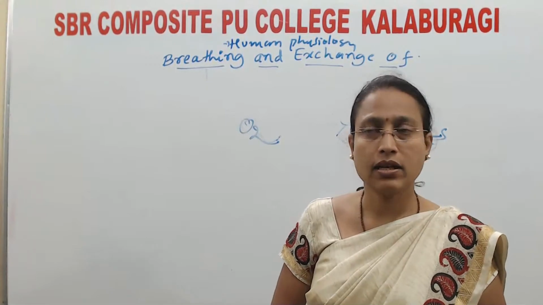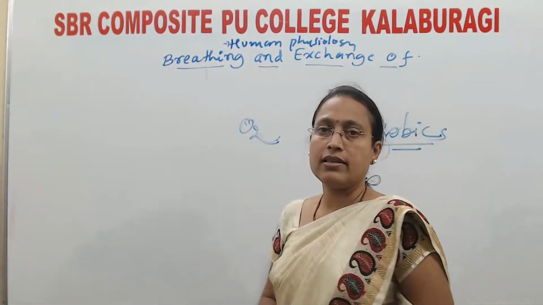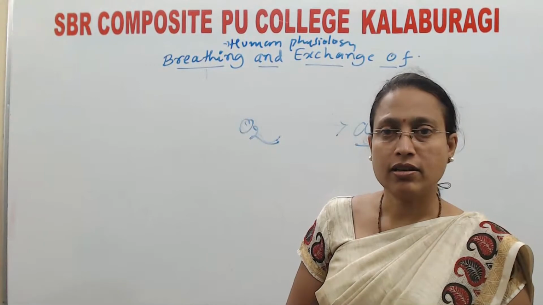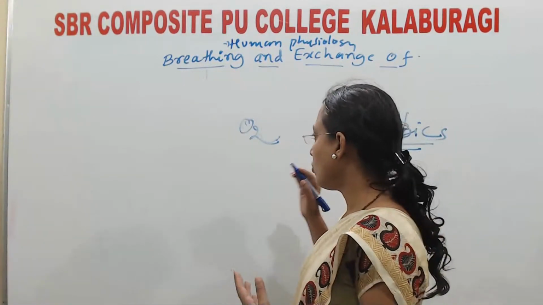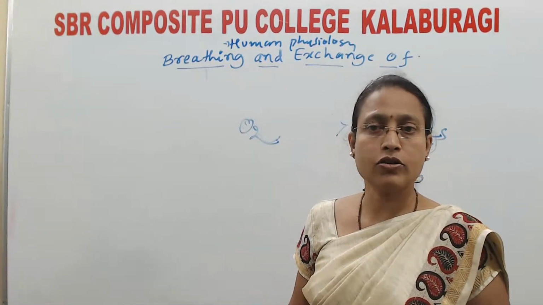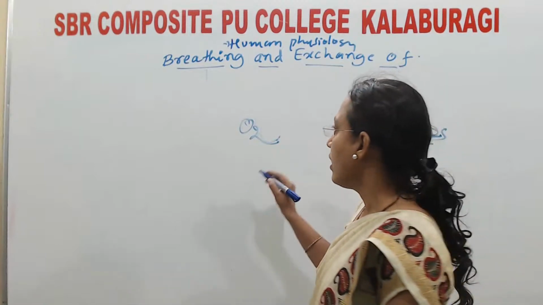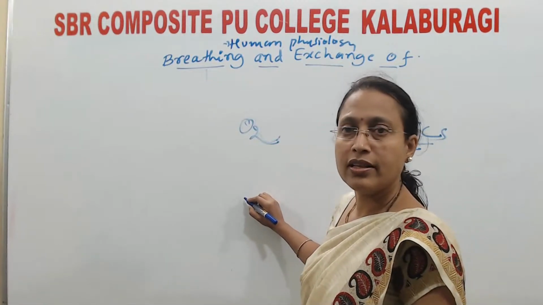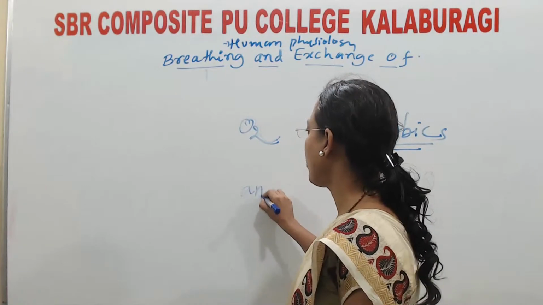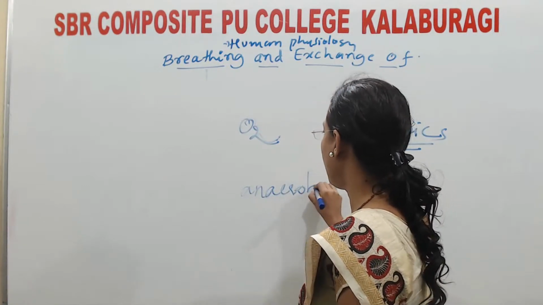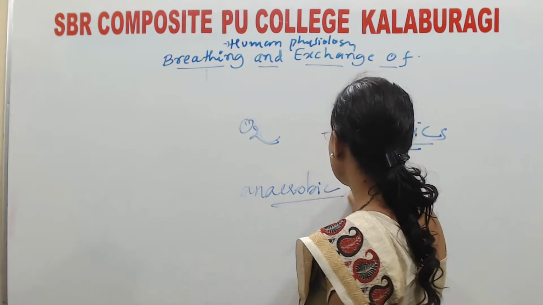So they are obligate aerobes. But certain organisms do not require oxygen for their cellular respiration. Such organisms are called anaerobic organisms.